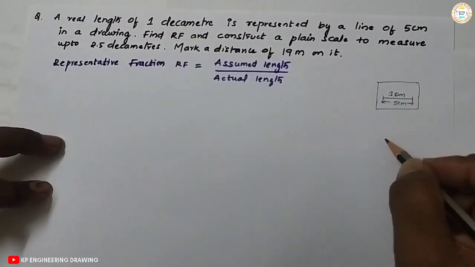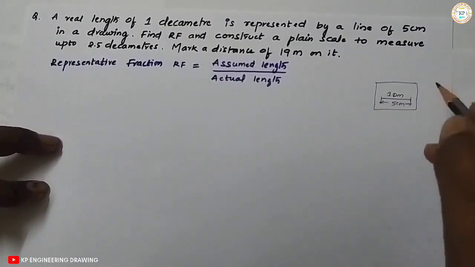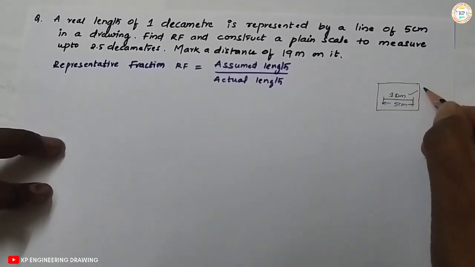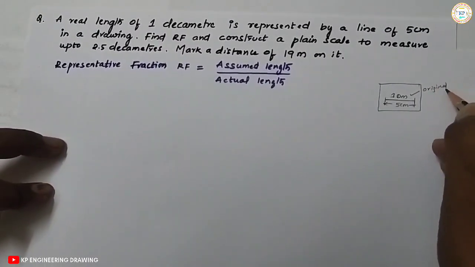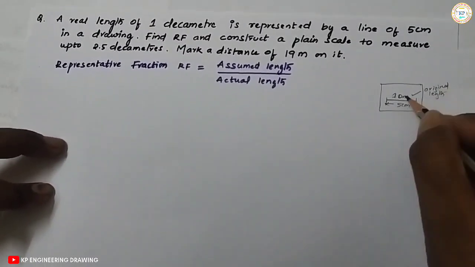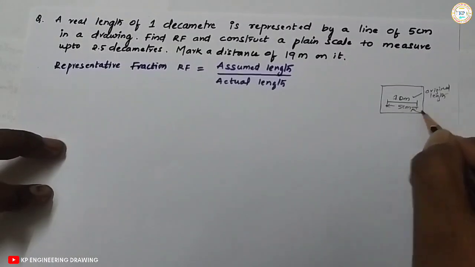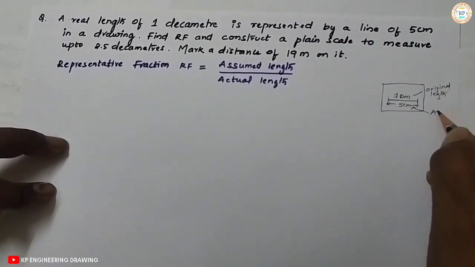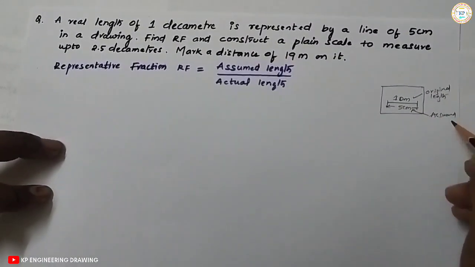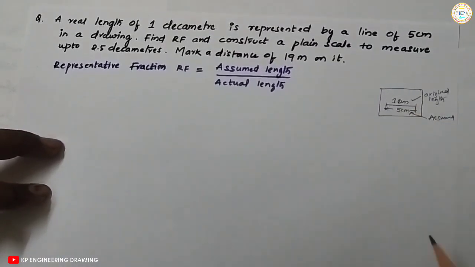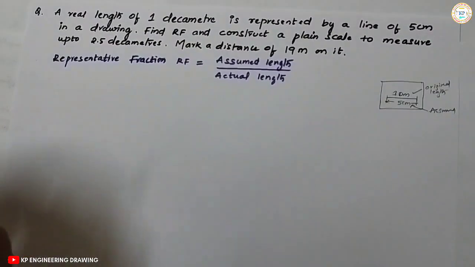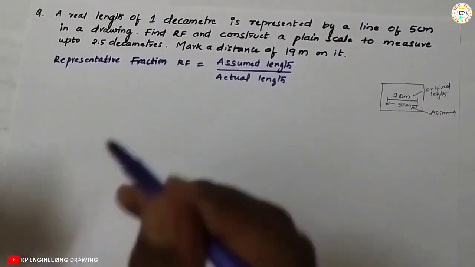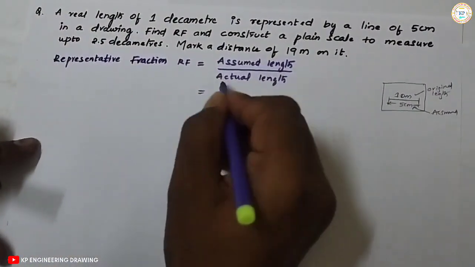In this case, 1 decameter is the original length. This original length is represented by a 5 centimeter line. This is assumed. We have assumed a 5 centimeter line and we have shown 1 decameter on that.